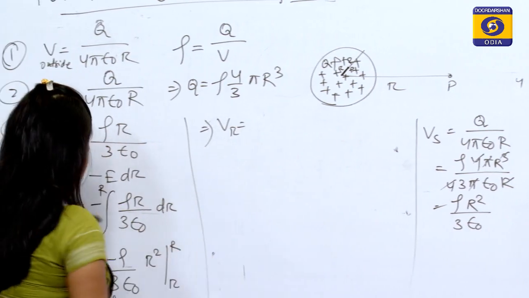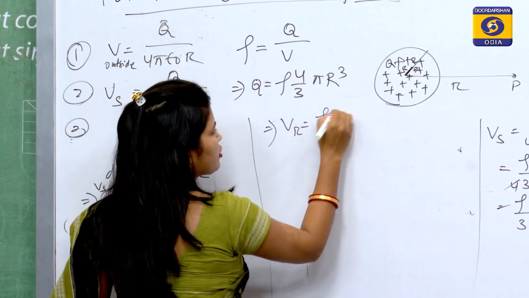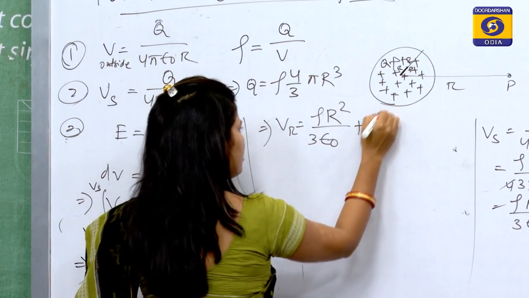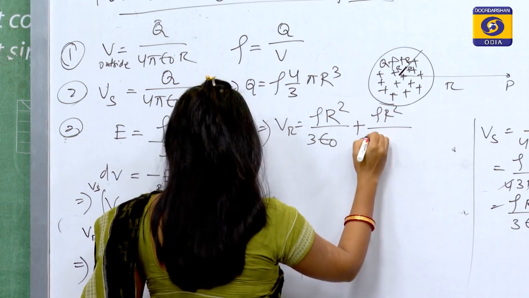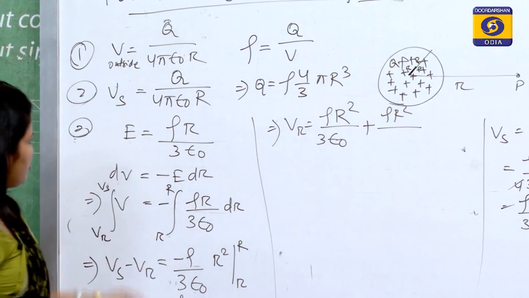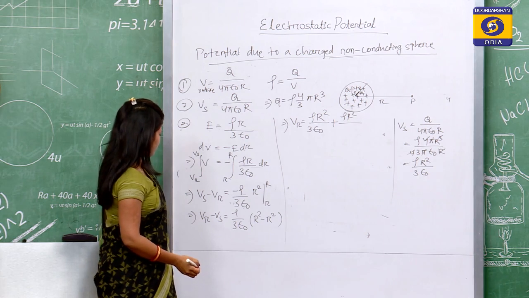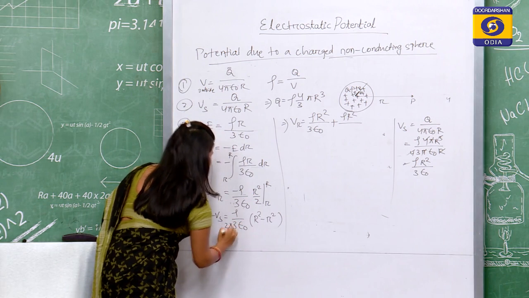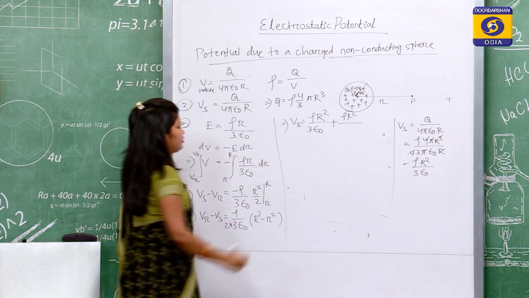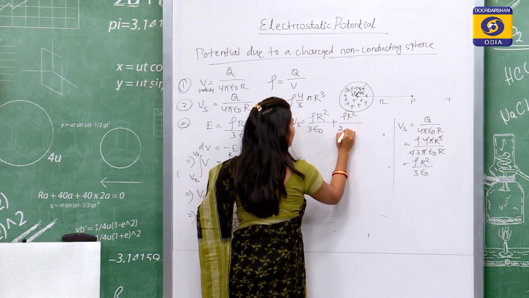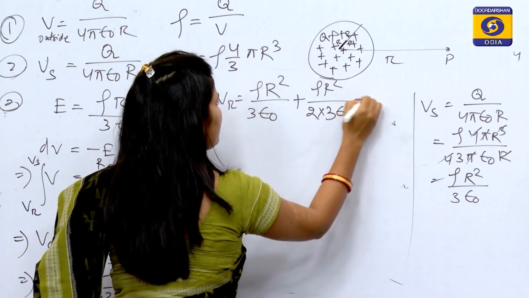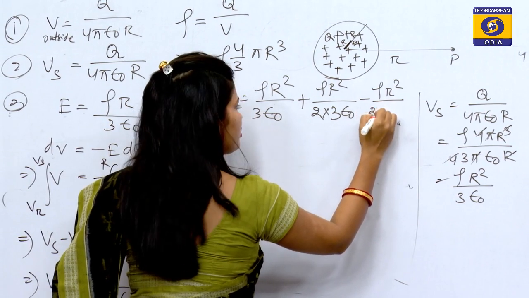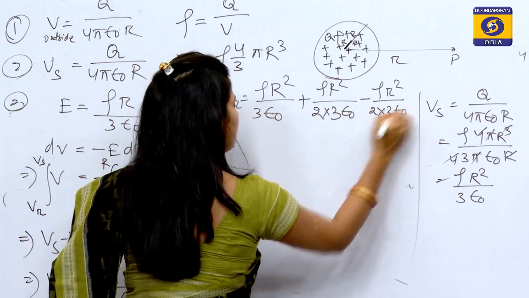So, Vr is equal to Vs, that is rho R square upon 3 epsilon naught, plus rho R square upon 2 into 3 epsilon naught, minus rho small r square upon 2 into 3 epsilon naught.